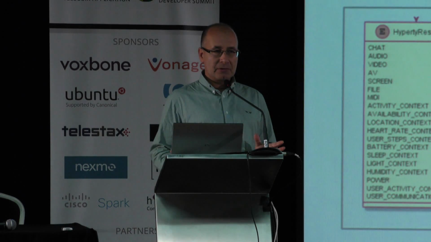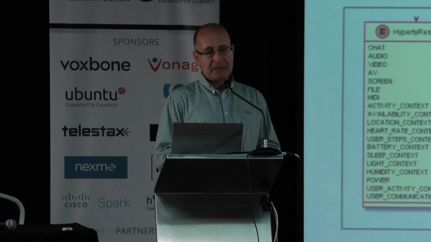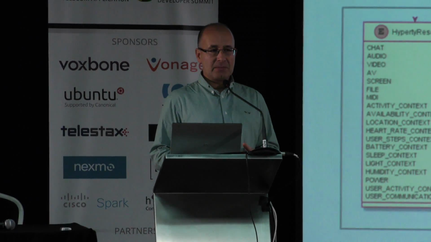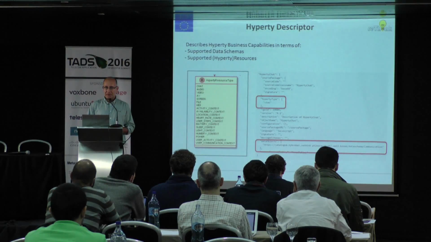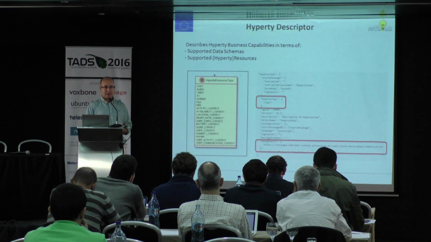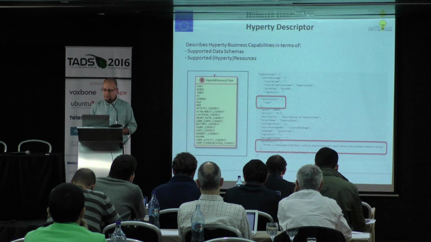This is used in order to know what the capabilities of hyperties are. Basically, we use this to define what data schemas are supported by hyperties, so what data formats hyperties can handle, and also the type of resources. And by resources, we mean things like voice, chat, file sharing, whatever.